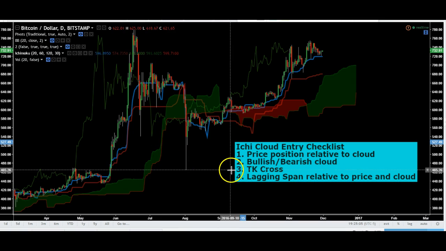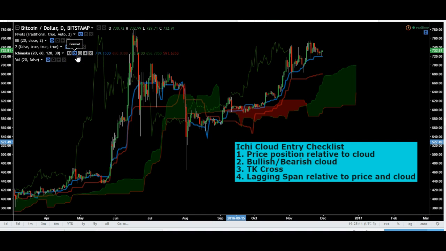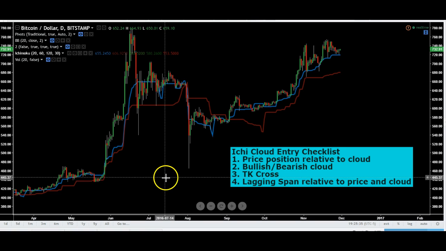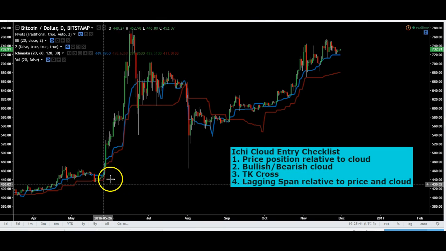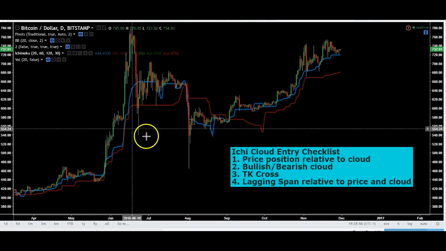So let's move on to the TK cross, or the Tenkan-Kijun lines. Let me first remove a few things off the cloud. The first thing you may notice if you've used EMAs or moving averages before is that they look very similar. They're not as fluid, they're kind of herky-jerky, because they're based off of candle closes, 60, 120, the math you can look at.